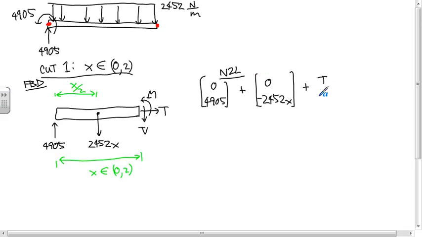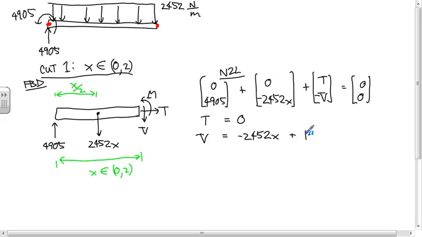I'll just lump those two together into one vector, is equal to zeros. So there's no internal tension. The internal shear force is negative 2452x plus 4905.